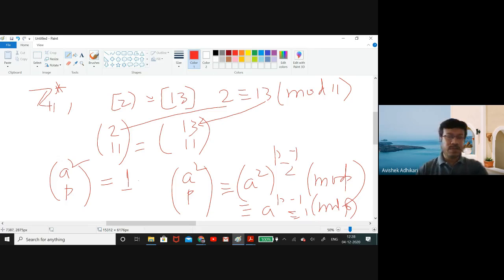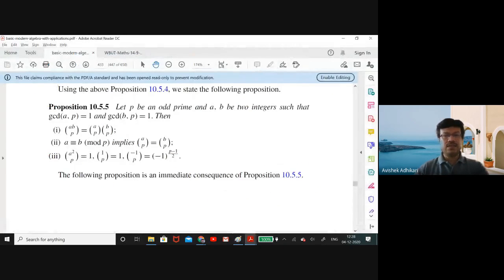This is a very important result, and it gives you lots of extra efficiency in calculating things. And then (1/p) is 1, and (minus 1/p) is minus 1 to the power p minus 1 by 2, and so on.